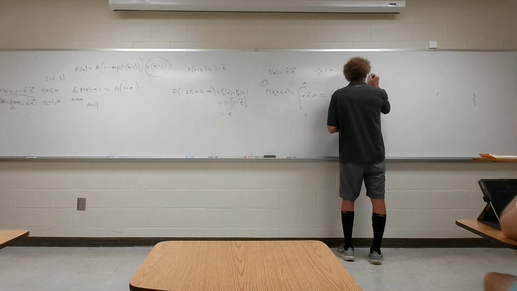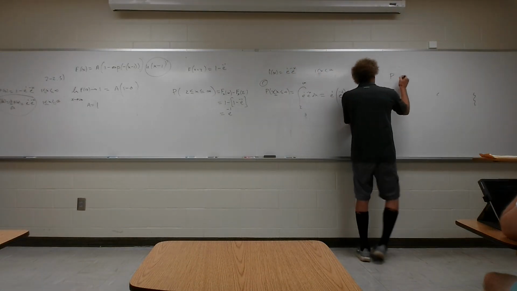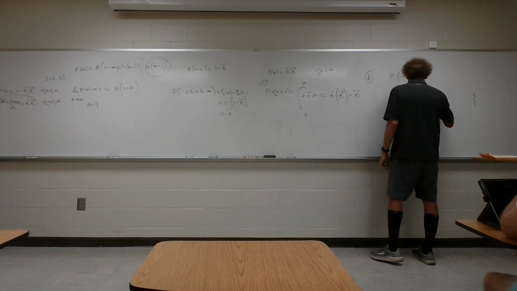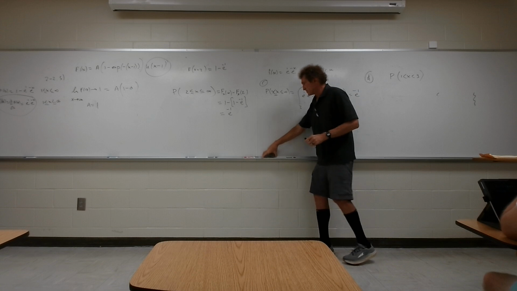And then part D. What's the probability if the random variable lies in the interval x greater than 1, less than or equal to 3? Now here I'm going to use the density function for this part.